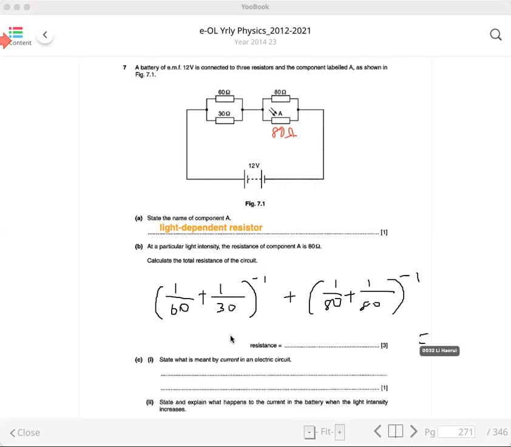Okay, well done, Hao Rui. Okay, you may add this in.